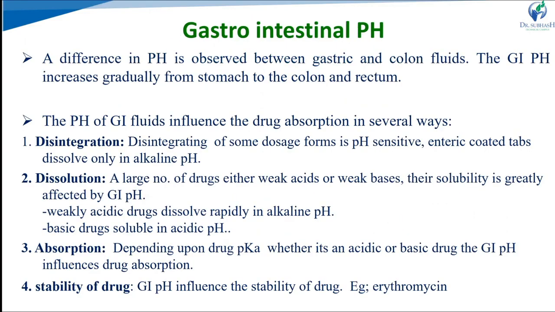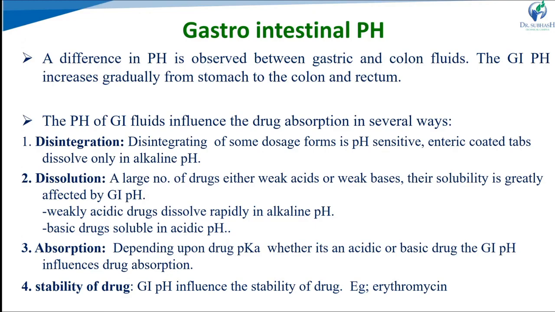Next one, the gastrointestinal pH. A pH difference is observed between the gastric and colonic fluids throughout the GI tract. GI pH increases gradually from the stomach to the large intestine, the colon and rectum. The pH of GI fluids influences drug absorption in several ways.